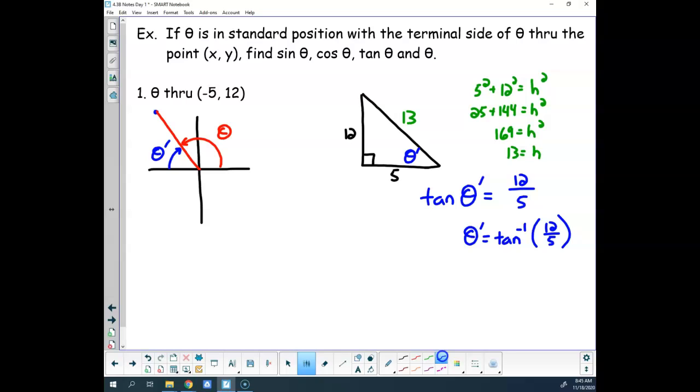Inverse tangent, so second tangent of 12 divided by 5 gets me 67.380133505 according to my calculator.